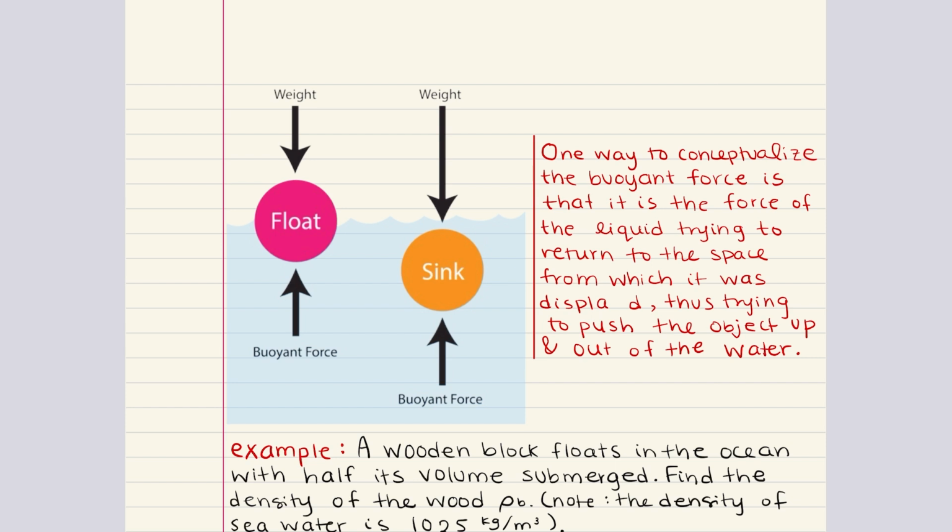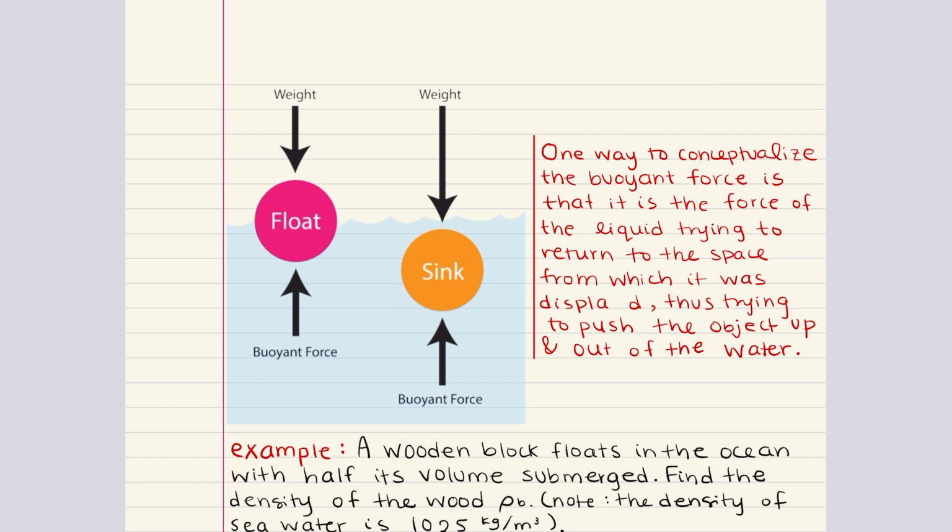This is because the object only needs to displace a relatively small volume of fluid to generate a buoyant force equal to its weight. For example, a piece of wood floats on water because its density is lower than that of water. It displaces enough water to balance its own weight and then stops sinking.